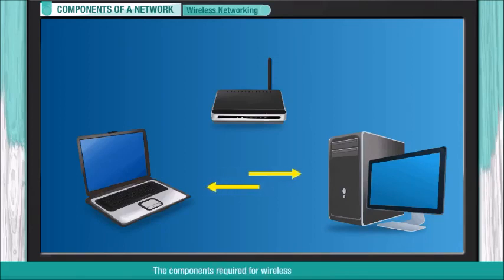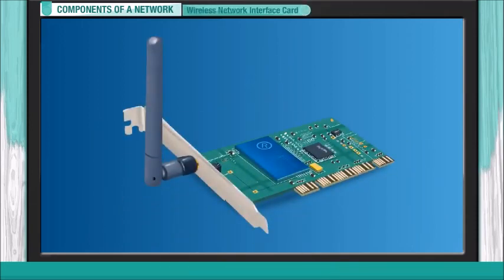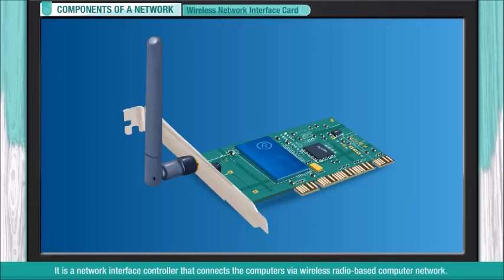The components required for wireless networking are Wireless Network Interface Card. It is a network interface controller that connects the computers via wireless radio-based computer network. Nowadays, most PCs and laptops come with wireless network interface card.